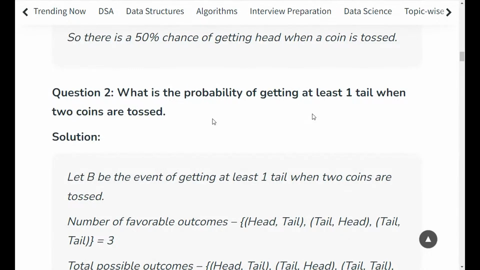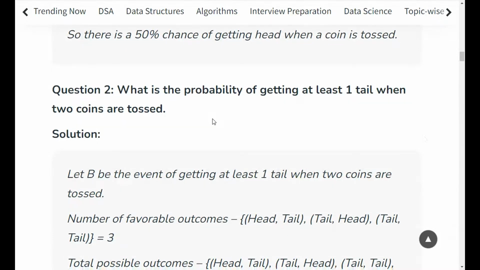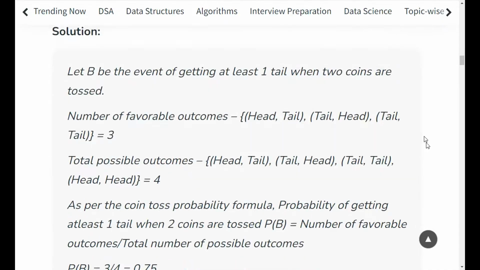When you toss it multiple times, the question will change. When I toss the coin 3 times, how many times will tail come? This is again like predicting multiple variables. Alright, this is only one time. We are just checking what is the probability that we will get at least one tail.